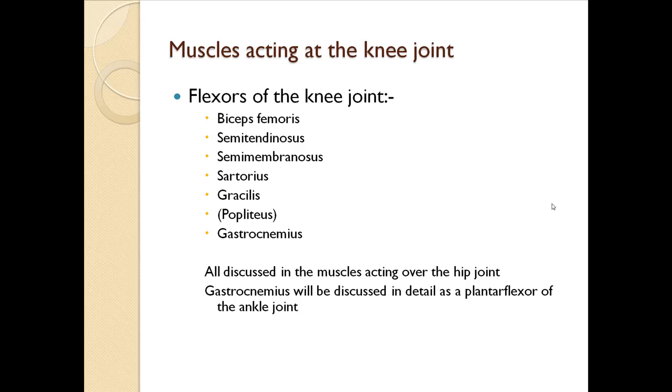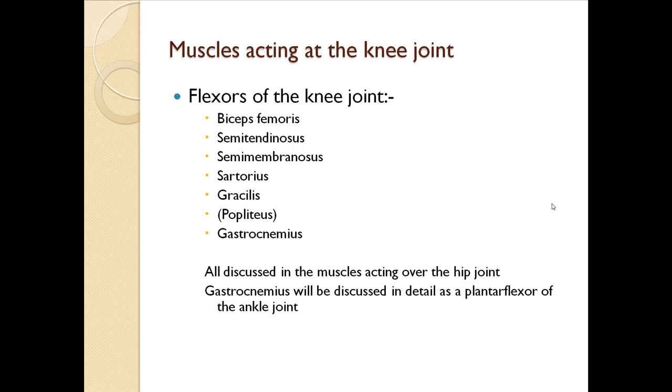Now, the flexors of the knee joint are essentially the hamstring muscles. So around the back we've got biceps femoris, semitendinosus and semimembranosus. Gracilis will also flex the knee joint, as mentioned earlier, but so does sartorius. Although sartorius is found in the extensor compartment, it comes obliquely down and across the medial femoral condyle, the medial tibial condyle, before inserting onto the pes anserine attachment.